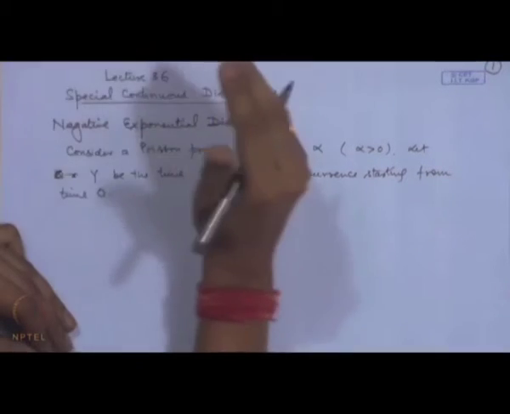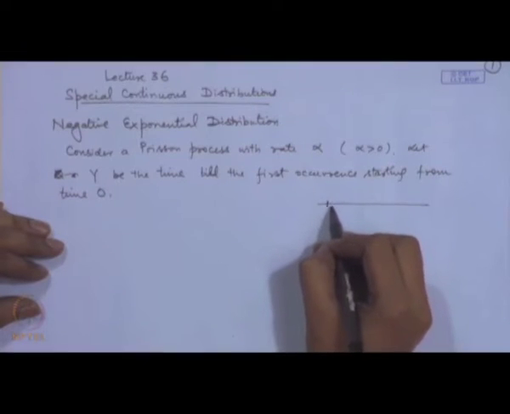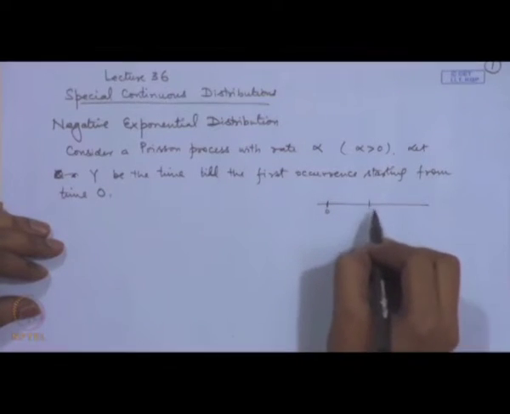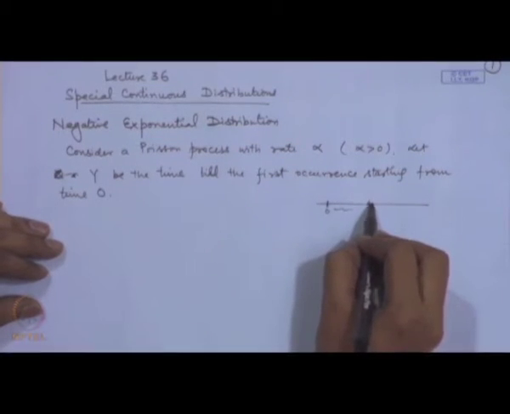That means, we start observing a Poisson process and we wait till the first occurrence is observed. This is time 0 and this is the time y, where the first occurrence has occurred. That means, between 0 and y there is no occurrence.